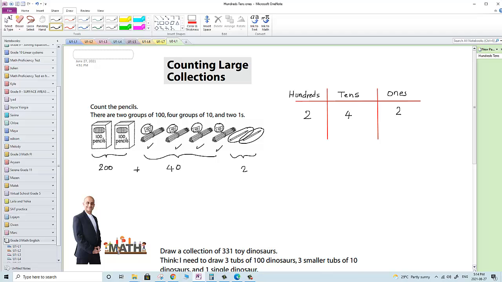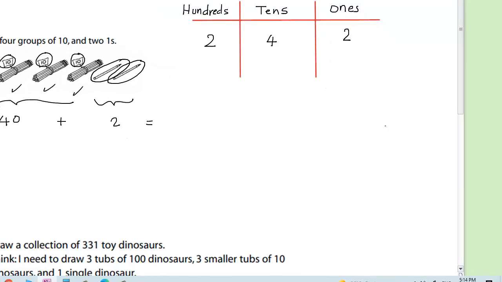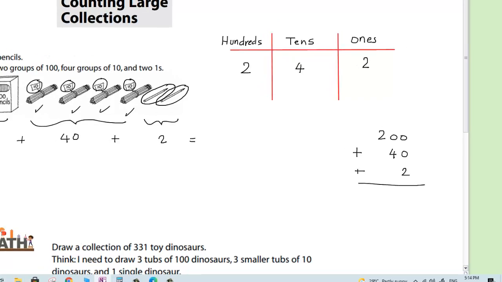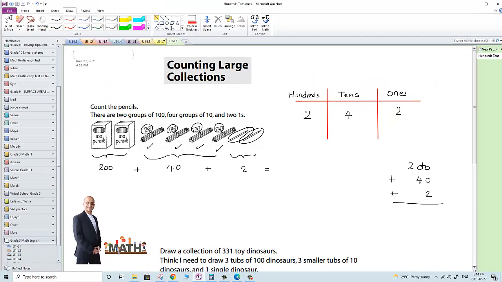So if I need to know the total, I can add these 3 numbers together. So I have the 200, I add it to 40, I add it to 2. And here you will notice something very important, that I am adding the numbers by category. The ones together, the tens together, and the hundreds together. I cannot mix anything. So this is the ones, this is the tens, this is the hundreds.